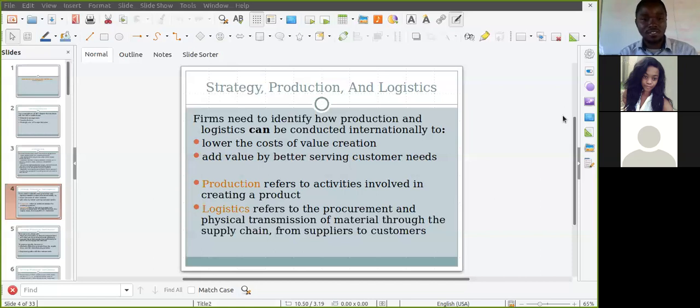That whole process is collectively known as logistics. Hence the definition of logistics, which refers to the procurement and physical transmission of materials through the supply chain from suppliers to customers.